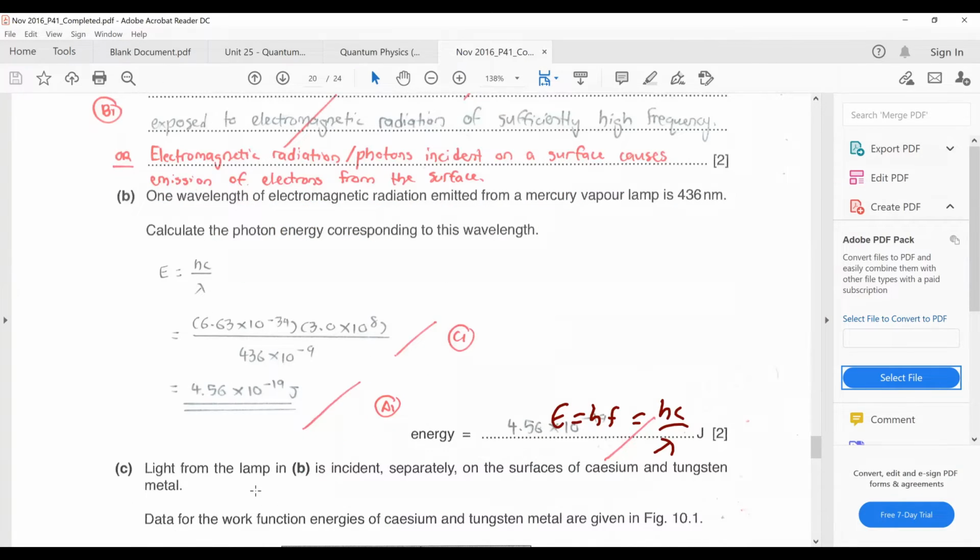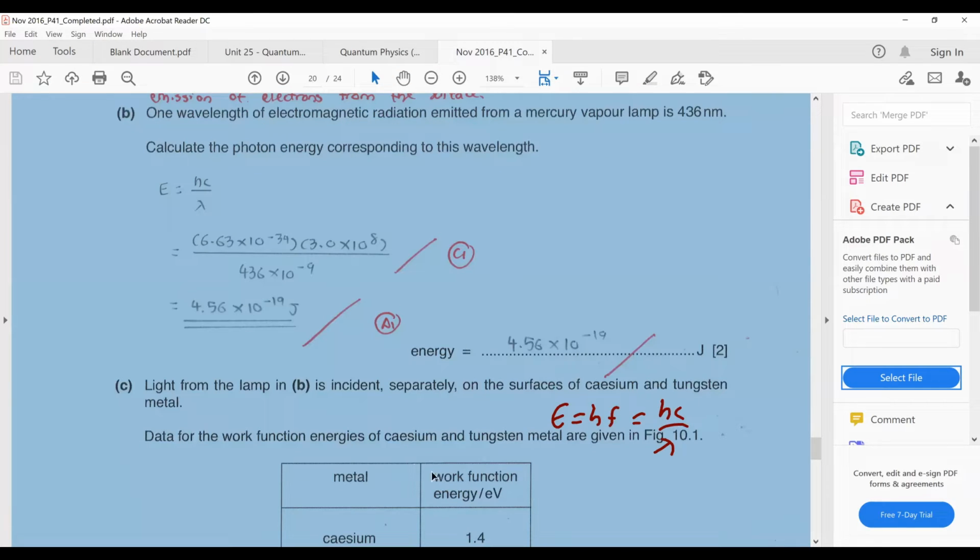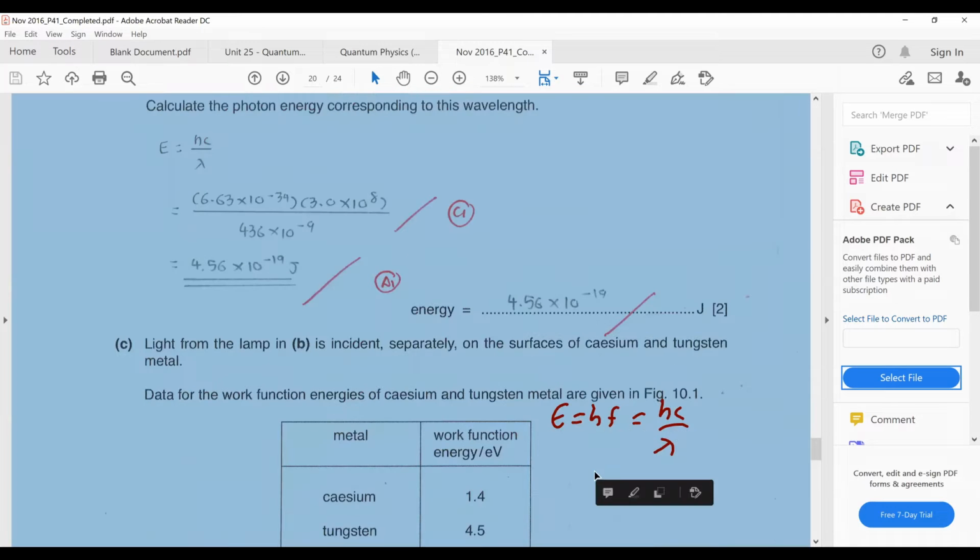Now for part C, light from the lamp in B is incident separately on the surfaces of cesium and tungsten metal. Data for work function energies of cesium and tungsten metal are given in figure 10.1.